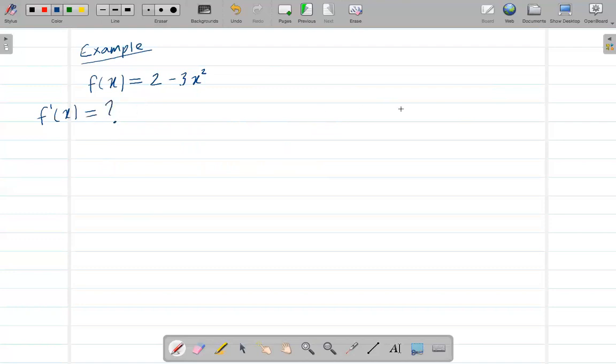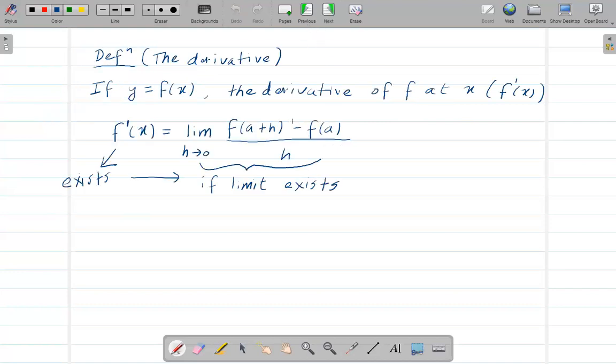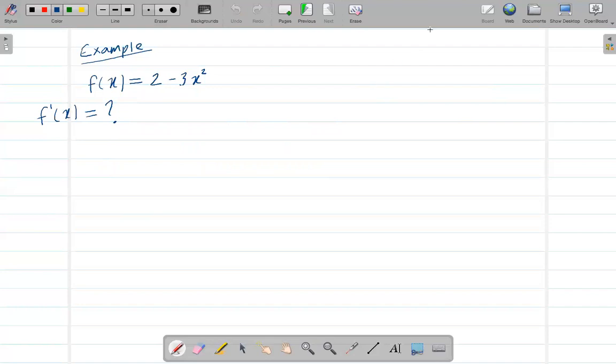All right, so the way we find this, let me rewrite this in 4 steps. If I want to find the derivative of f of x, that means I want to find the value of this whole thing. But let's write this in a simple form and break it into 4 steps. If you remember these 4 steps, then it will be easy to follow them to get f prime.